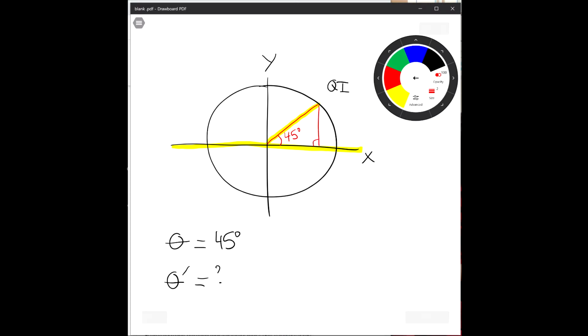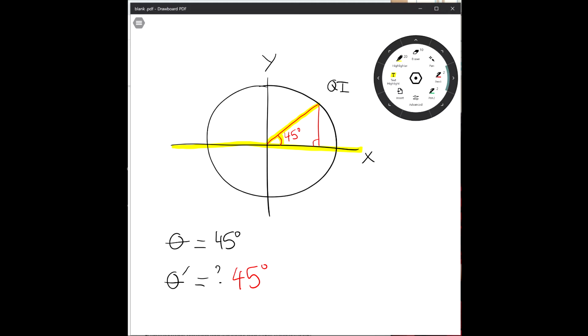The reference angle will be formed by the side of the original angle and the x-axis. In this case, the reference angle is this angle right here. And yes, it's 45 degrees, the same as the original angle.